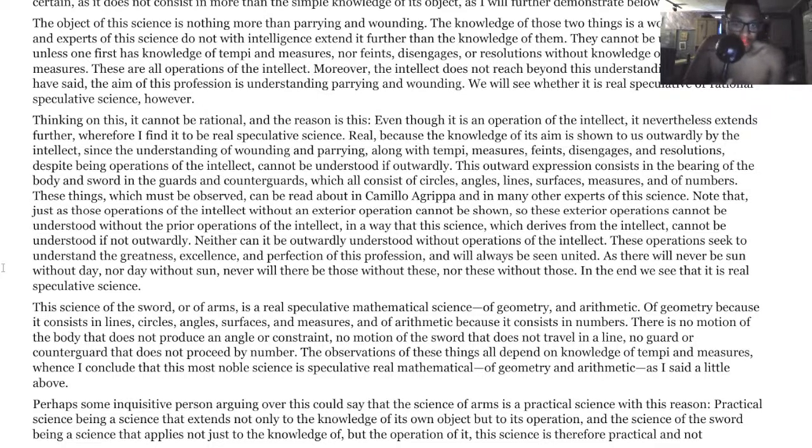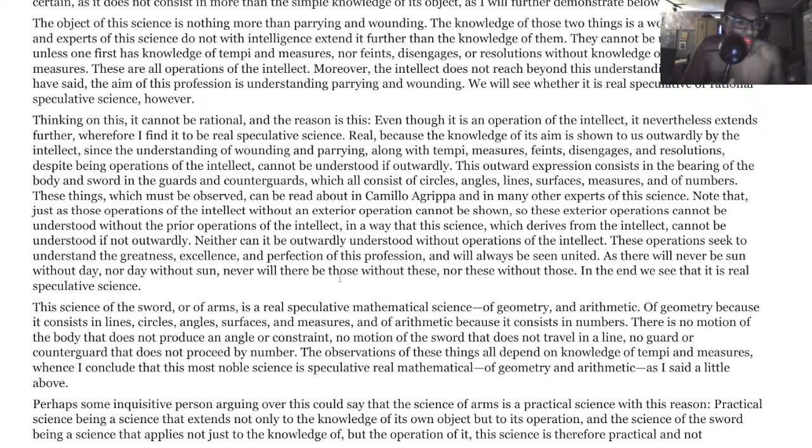These things which must be observed can be read in Camillo Agrippa and in many other experts of the science. Note that, just as operations of the intellect without an exterior operation cannot be shown, these exterior operations cannot be understood without prior operations of the intellect, in a way that this science, which derives from the intellect, will always be seen united, as there will never be a sun without a day, nor without sun, never will there be those without these, nor these without those.